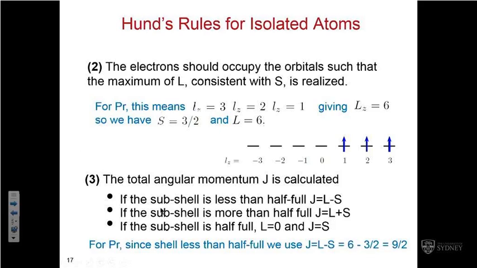If the shell is less than half filled, we use that. If the shell is, so you're concerned about this one. If the shell is half full, L equals 0. The shell is half full.